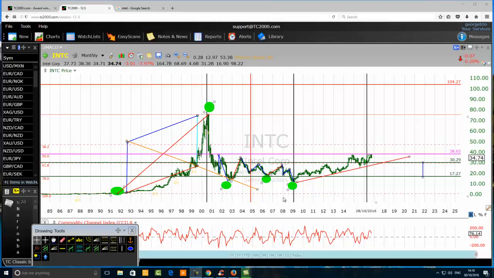And one of the specific key levels that one should not forget is the level of $38.65. Do not forget this price level if you are an investor or trader of Intel stock, $38.65.